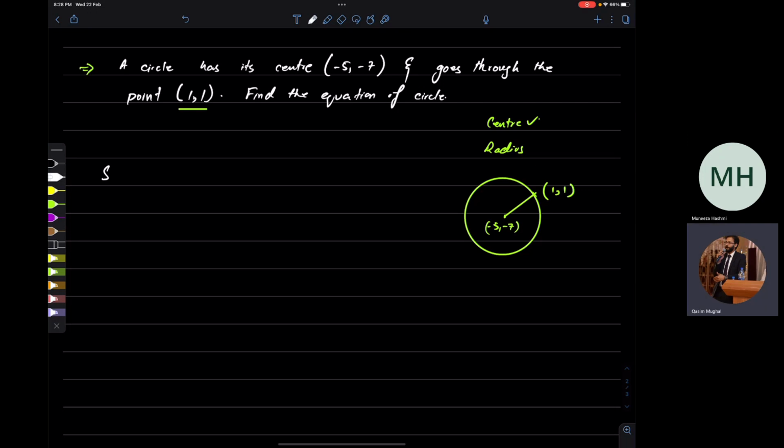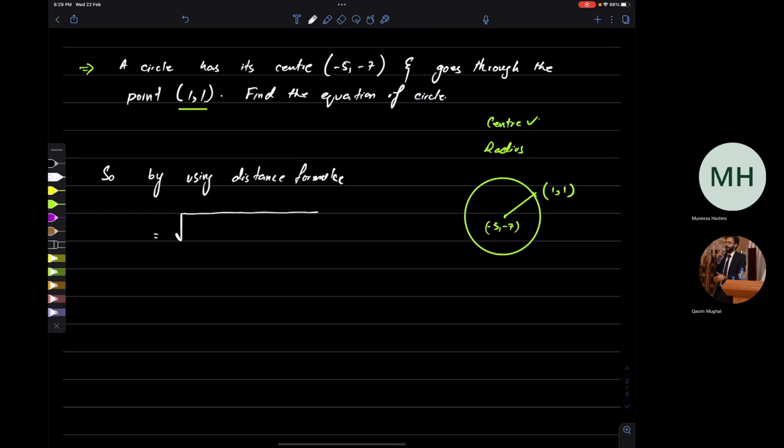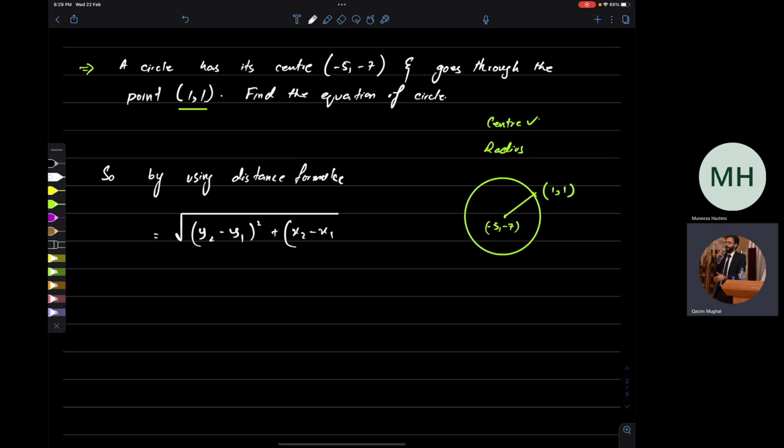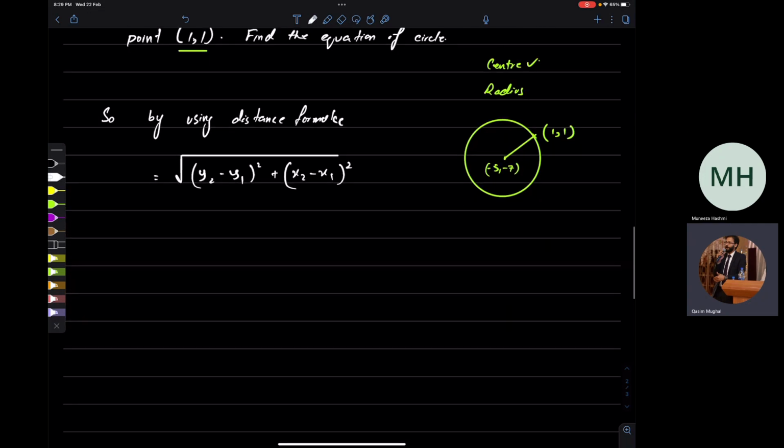Okay, so by using the distance formula, just for the recap, I'm going to write down the distance formula here. That is the root of y2 minus y1 whole squared plus x2 minus x1 whole squared. So let's figure out the distance between the two points.